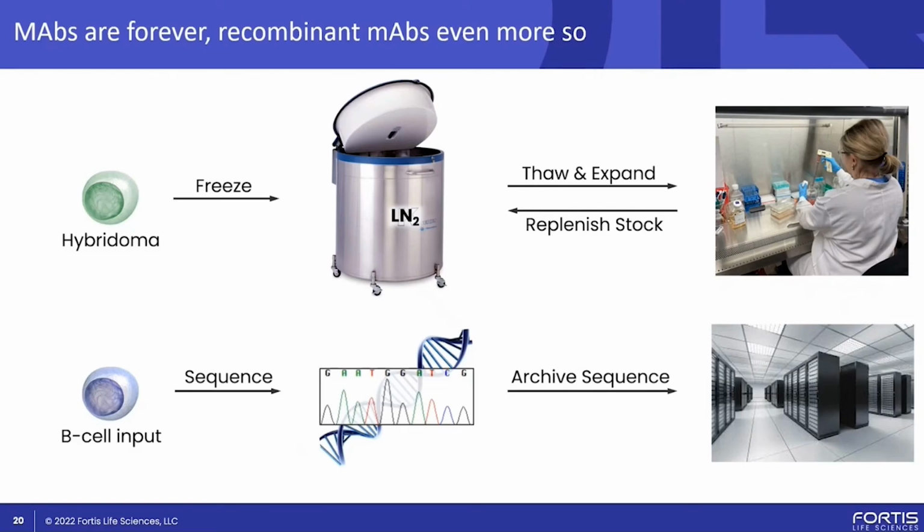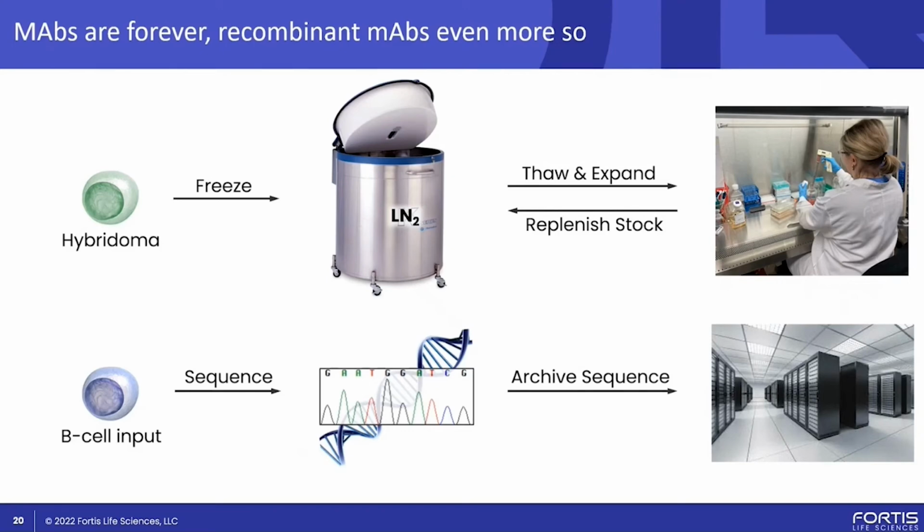Anyone who's done a lot of tissue culture or dealt with liquid nitrogen freezers may shudder a little. They've probably seen boxes with the edges missing and tubes floating in tanks. And so you certainly have to be very careful with hybridomas with maintaining those stocks and making sure that you don't lose that physical material.